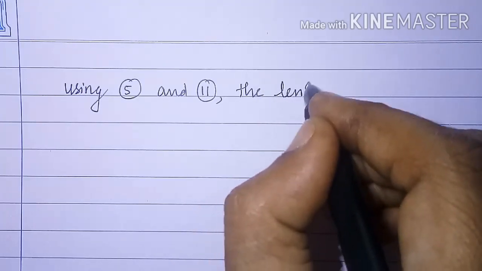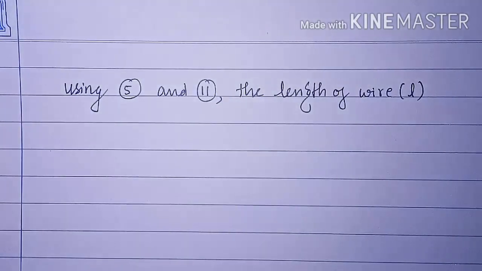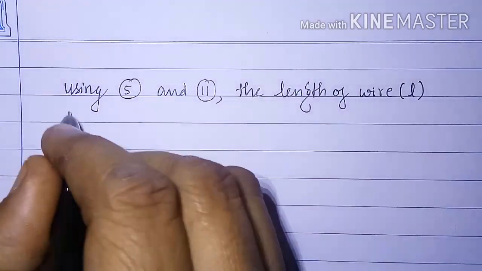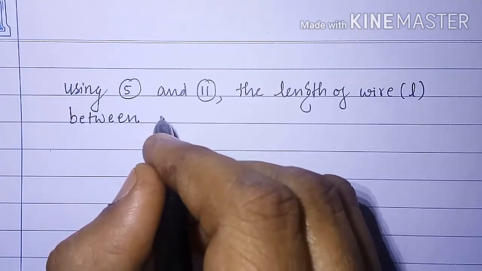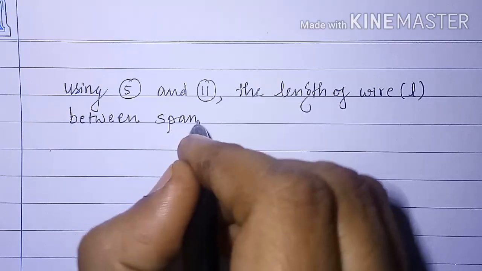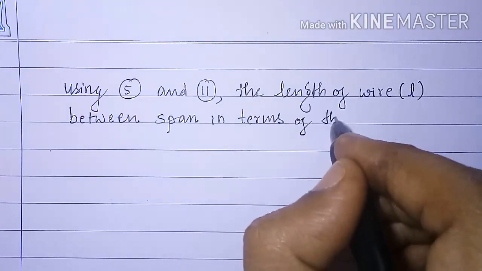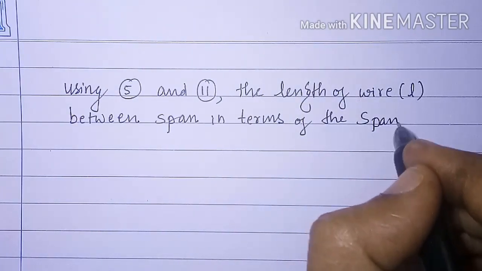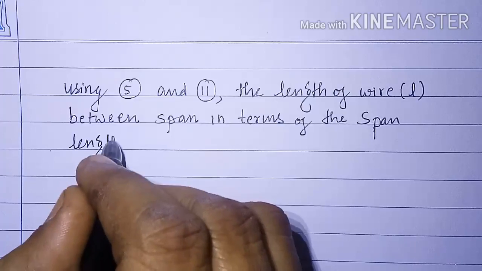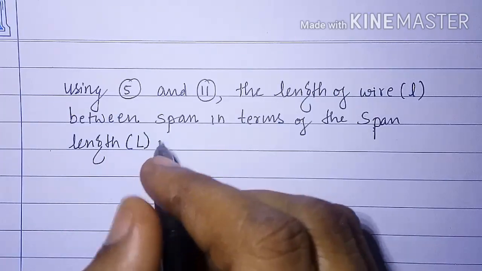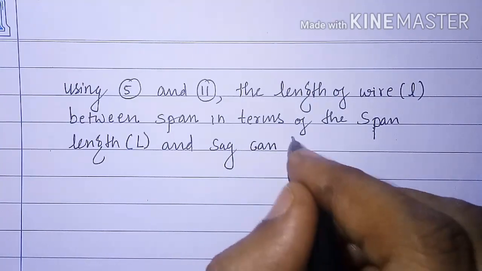the length of wire, that is small l, between span in terms of the span length capital L and sag can be calculated as follows.